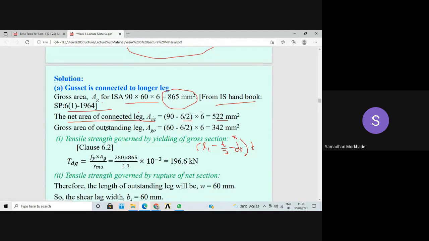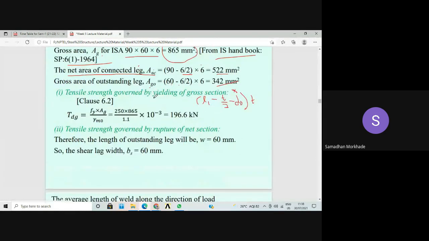This is ANC. Now, gross area of outstanding leg, AG naught: L2, that is outstanding leg width, minus T by 2 into 6, 342 mm square. Now, strength governed by yielding of gross section. First formula, TDG is equal to Fy AG naught by gamma M0.